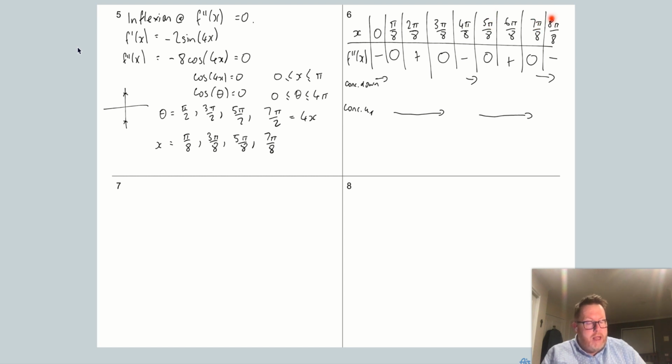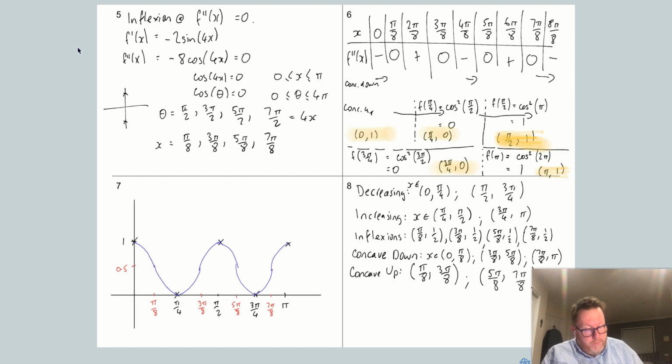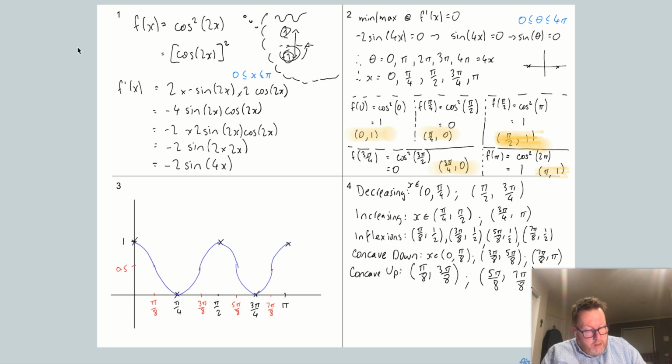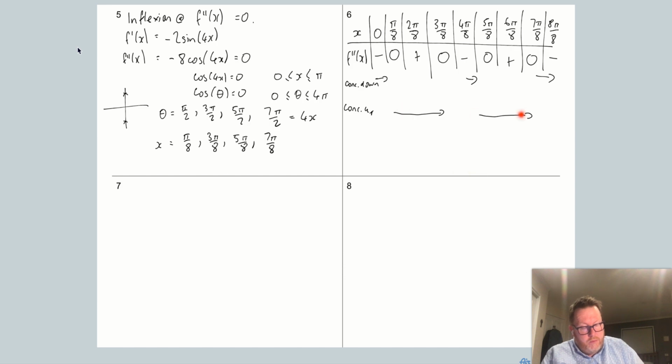And between 7 pi on 8 and pi, it's concave down. And I think you'll find that's what we had here. And concave up, just those two intervals there and there. So that gives you a sense of the f double dash and its relationship there.